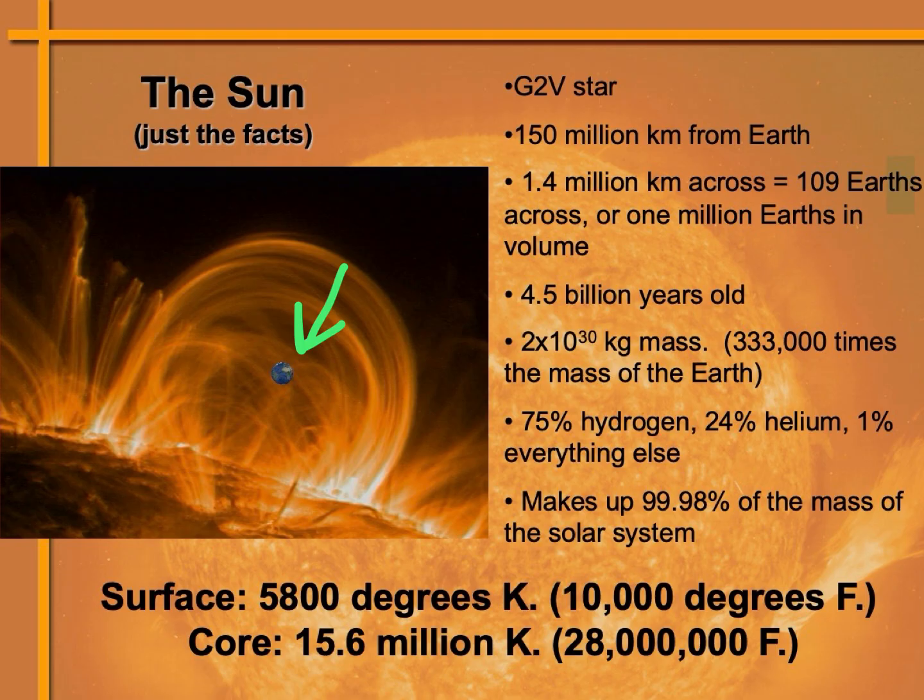The Kelvin scale is based on absolute zero and is the same as the Celsius scale, just shifted down 273 degrees, so that there are no negative numbers. You don't need to memorize these exact numbers, but you should know that the surface temperatures of stars are always in the thousands of degrees, while core temperatures are always in millions of degrees.